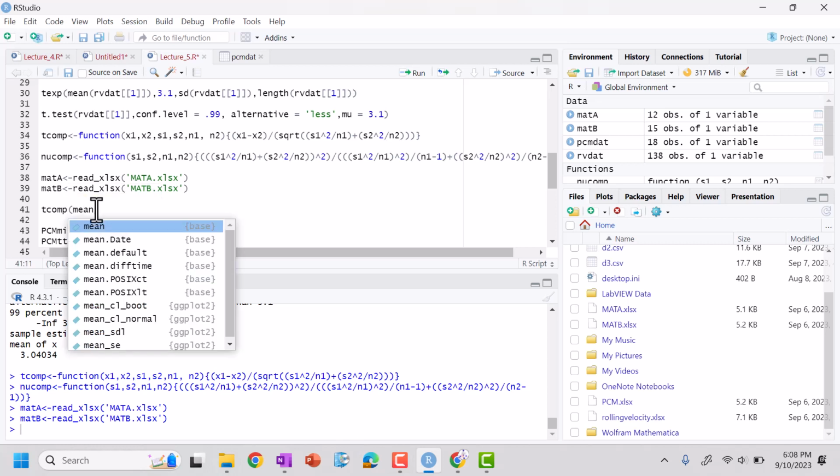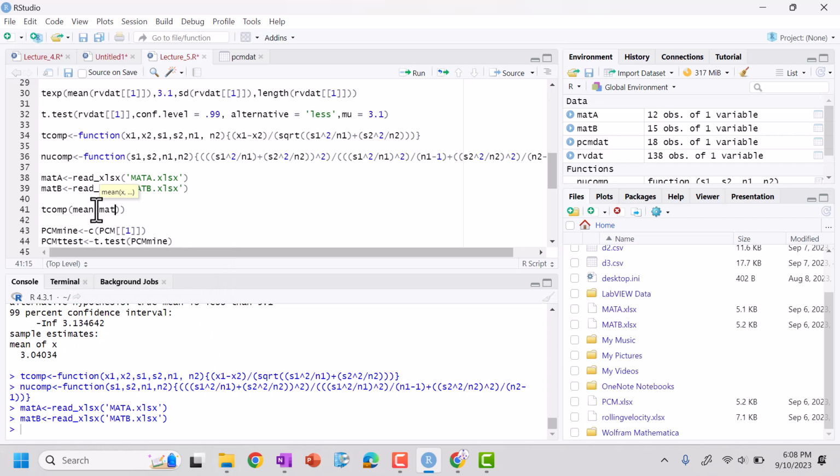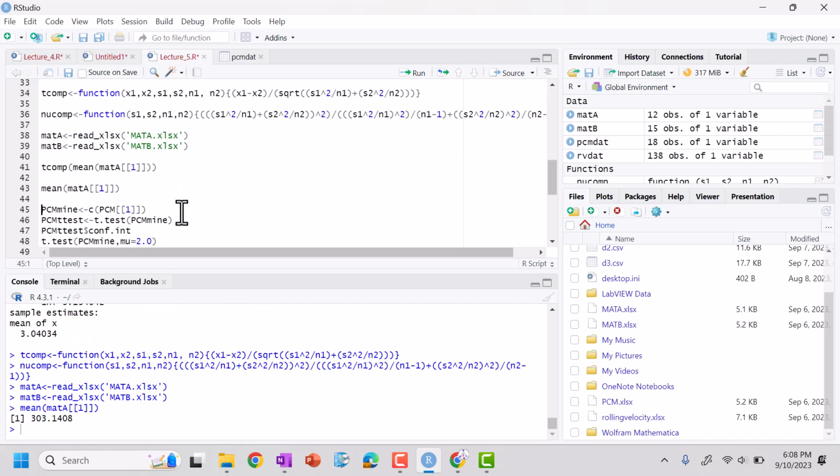Sorry, my voice is going. So let's do mean of mat A bracket 1. And before we do that, let's make sure that works. And it does work like a glove. Mat B bracket 1. So that's going to be mat B. Then we need the standard deviation.